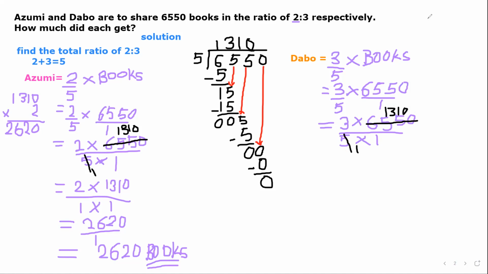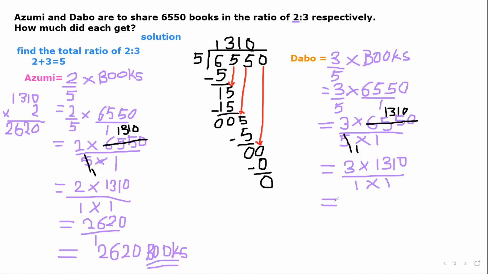Now the remaining numbers here is 3 times 1,310, all over the remaining denominator, which is 1 times 1, because we have cancelled the 5.